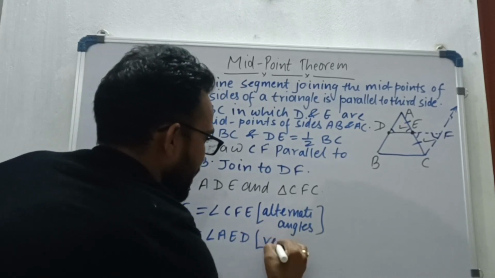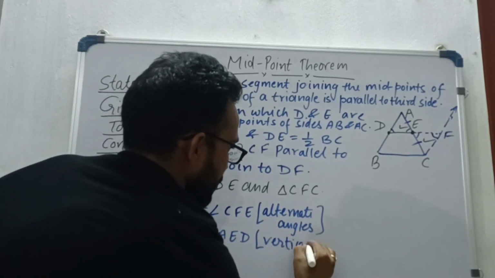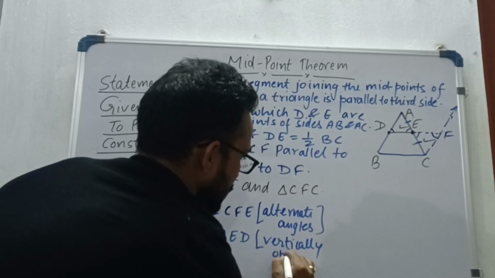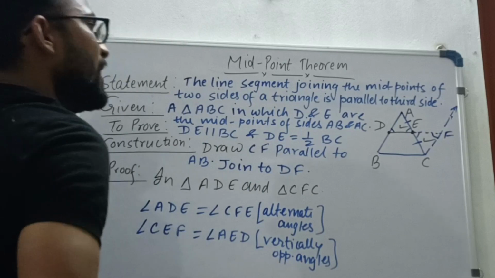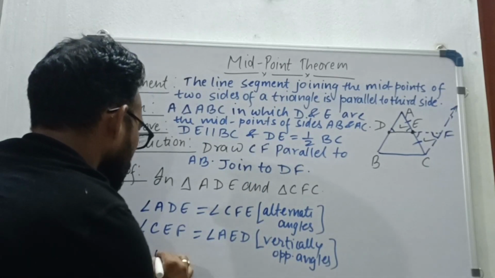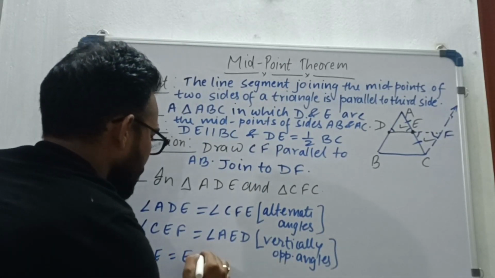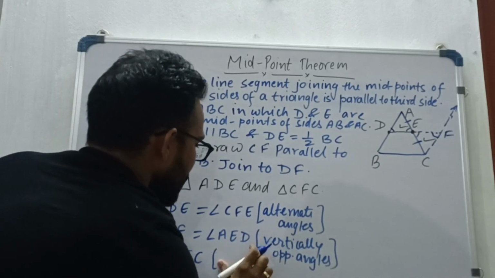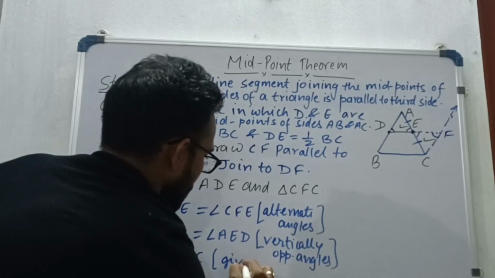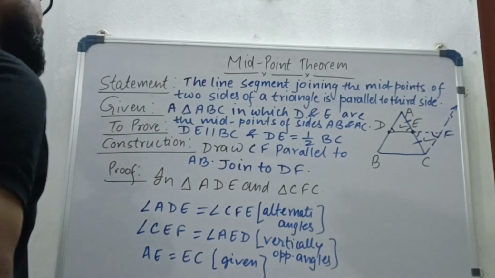Reason: vertically opposite angles. Then after that, AE is equal to EC. Reason: E is the midpoint, so you can write directly here, given.